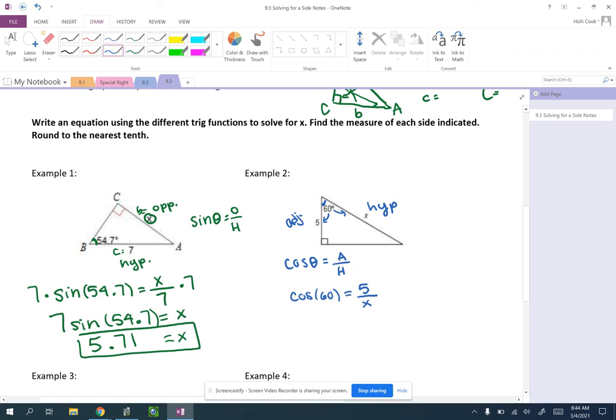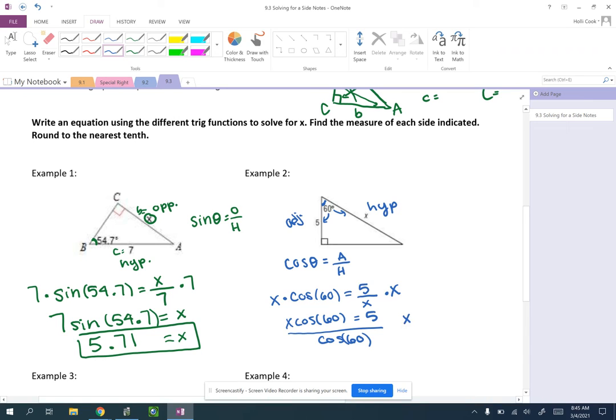Now we want to get x by itself, and to do that, we're going to have to get it out of the denominator. So we're going to multiply both sides by x. We get x cosine of 60 equals 5. Then to get the x by itself, we'll divide by the cosine of 60.